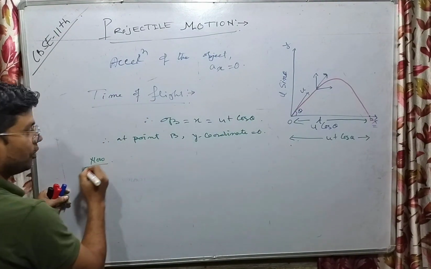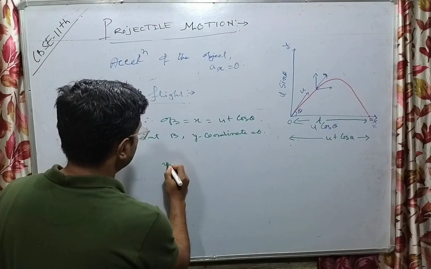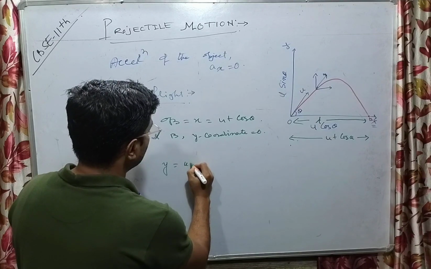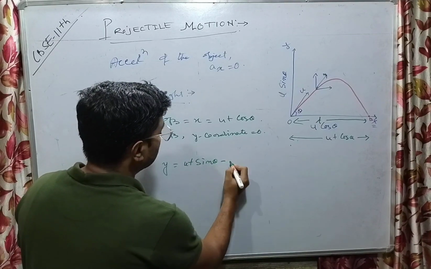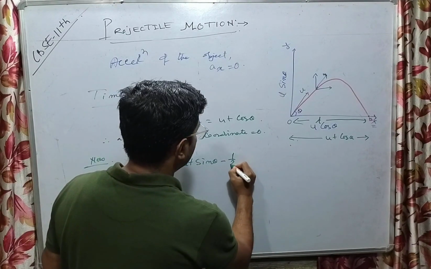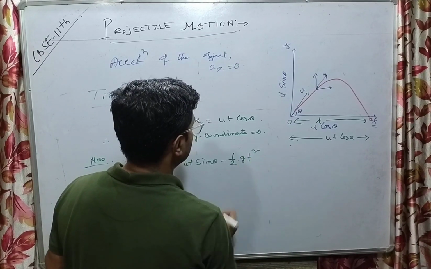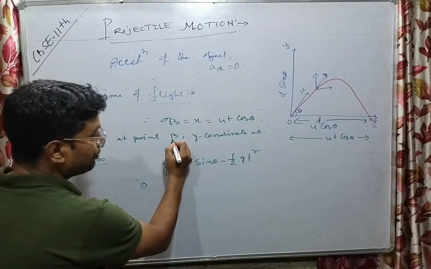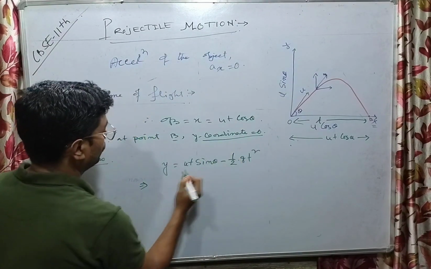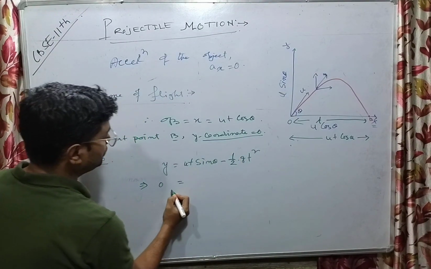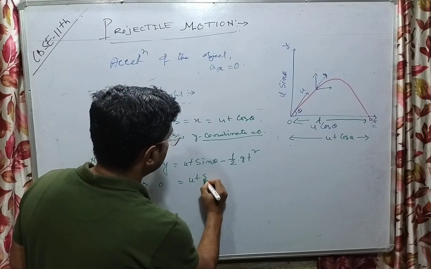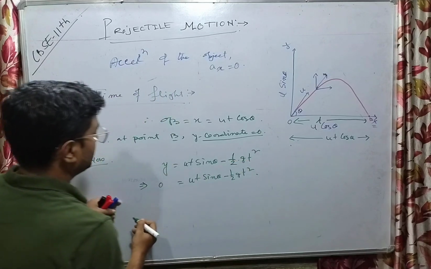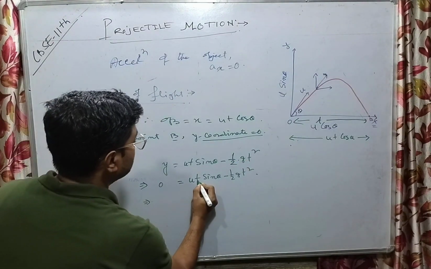Now from the vertical motion equation, y is equal to ut sin theta minus half of g t squared. Since at point B the y coordinate is 0, we have ut sin theta minus half of g t squared equal to 0.